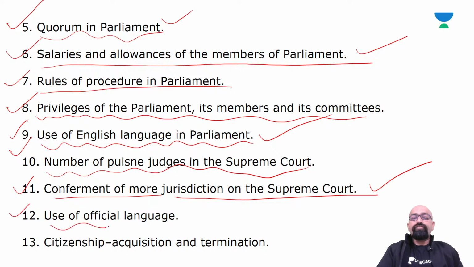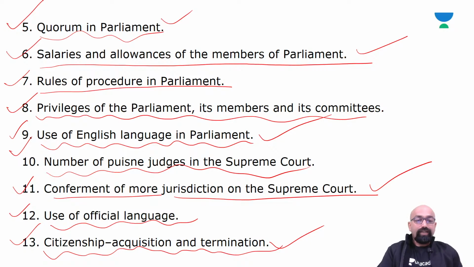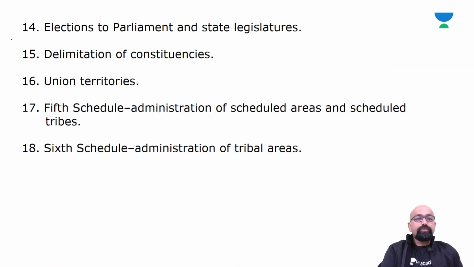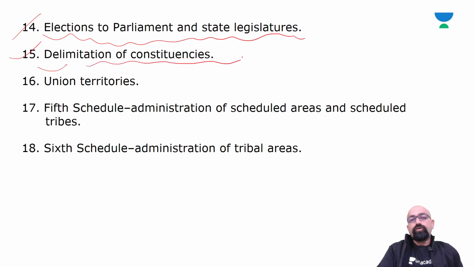Next, use of official language and citizenship acquisition and termination can be amended through simple majority of Parliament. Next provision, elections to Parliament and state legislatures. Delimitation of constituencies. So here, the delimitation of constituencies provision can be amended through simple majority of Parliament.